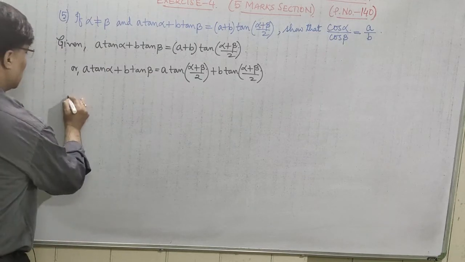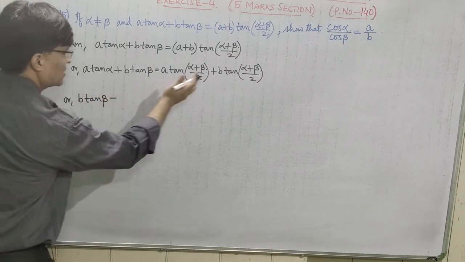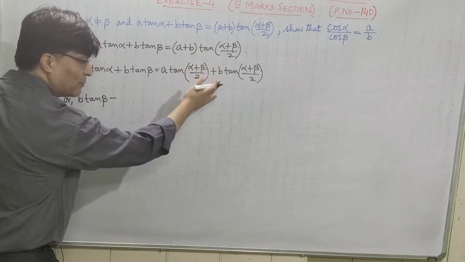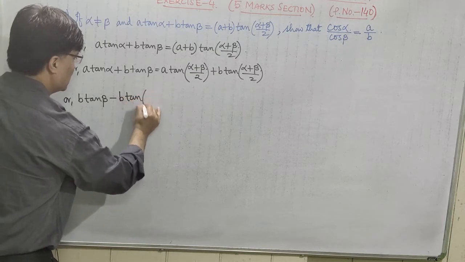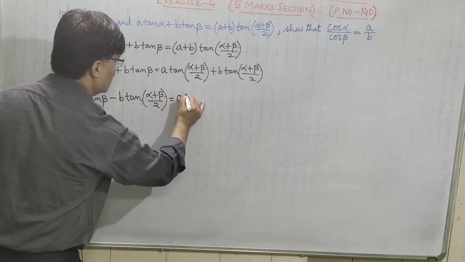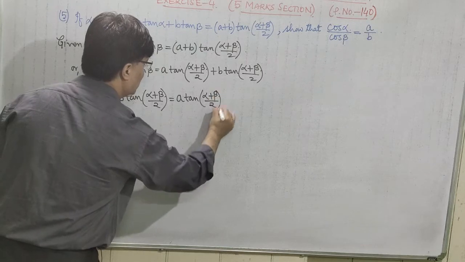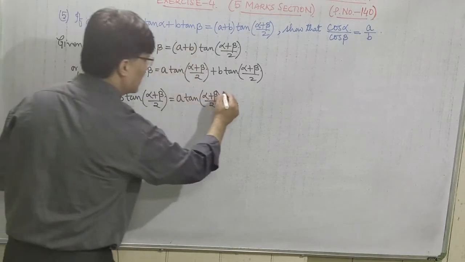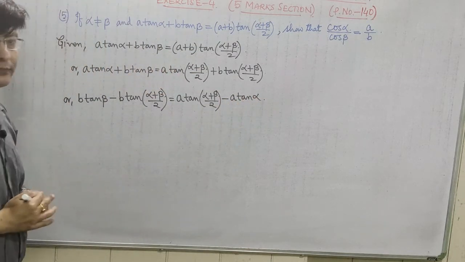Okay, so let us write b tan beta first here, then plus b tan of alpha plus beta by 2 is taken to the left hand side. So it is minus b tan of alpha plus beta by 2, which is equal to a tan of alpha plus beta by 2, then minus a tan alpha, that is, a tan alpha is taken to the right hand side. So it is minus a tan alpha.